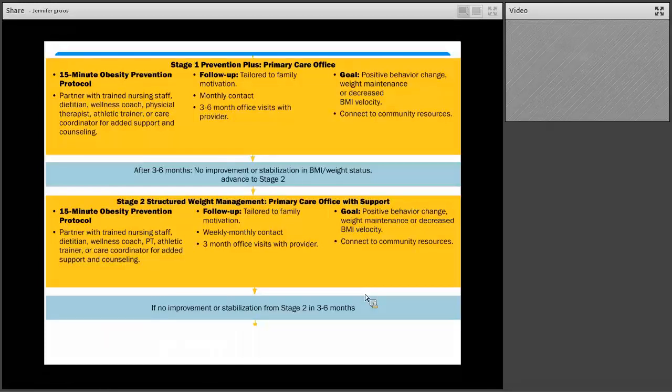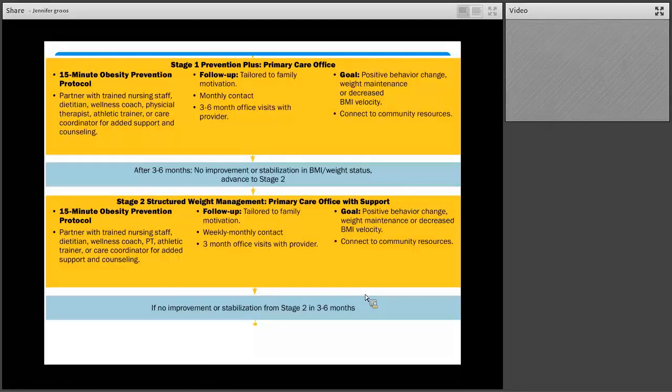But really, even if you don't have any of those resources, there are opportunities to offer stage 1 and stage 2 within your clinic. It's really important that you're remembering that we're tailoring this to the family's motivation, utilizing that brief action planning, motivational interviewing styles we talked about in the last webinar. The recommendation is that we try and strive for monthly contact with these families.